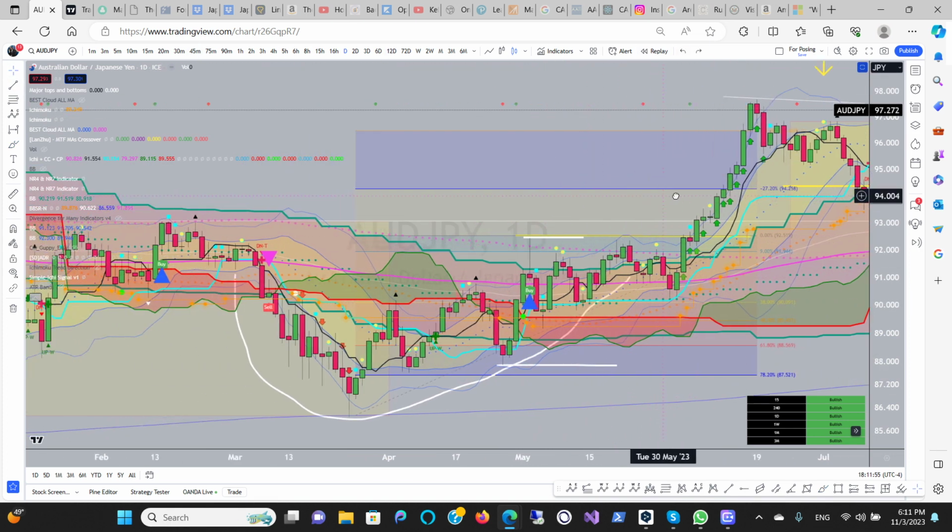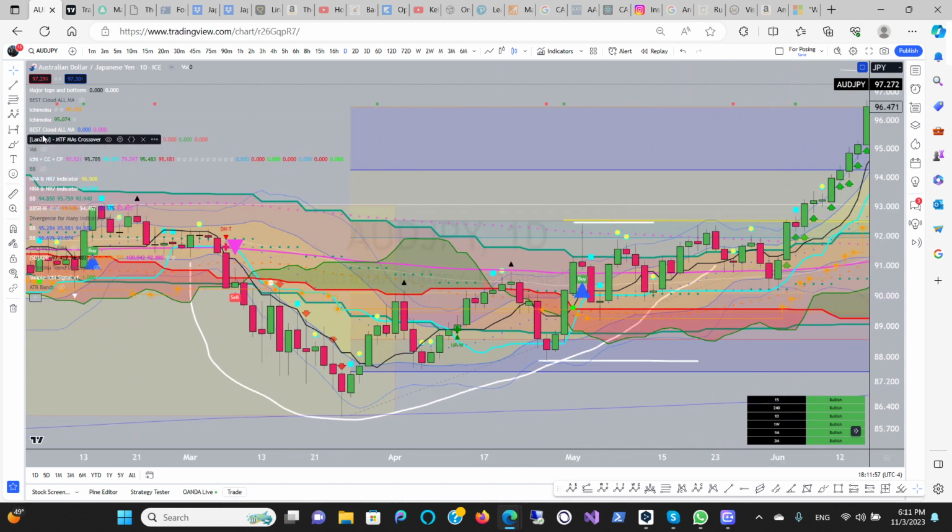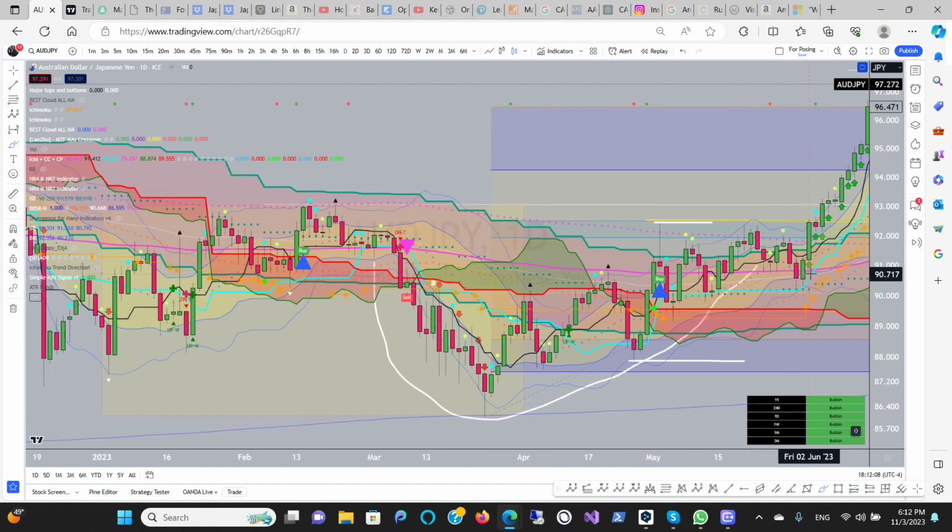And price gave us an engulfing bullish pattern here, right? Signaling that we're going to go up finally. Price broke through this resistance and came up to here. That will be the breakout right here.